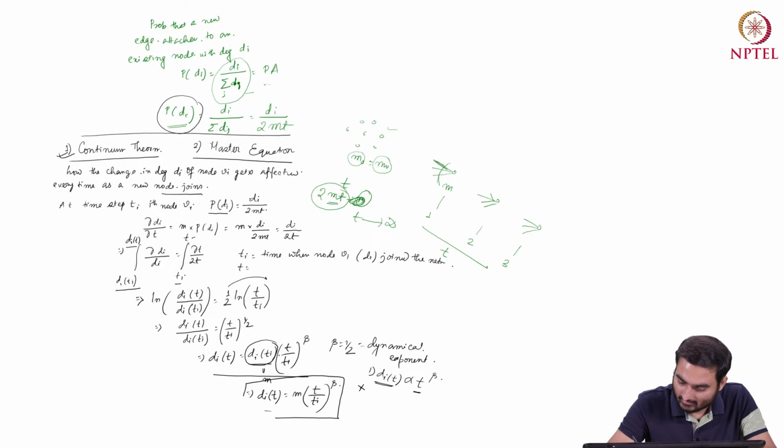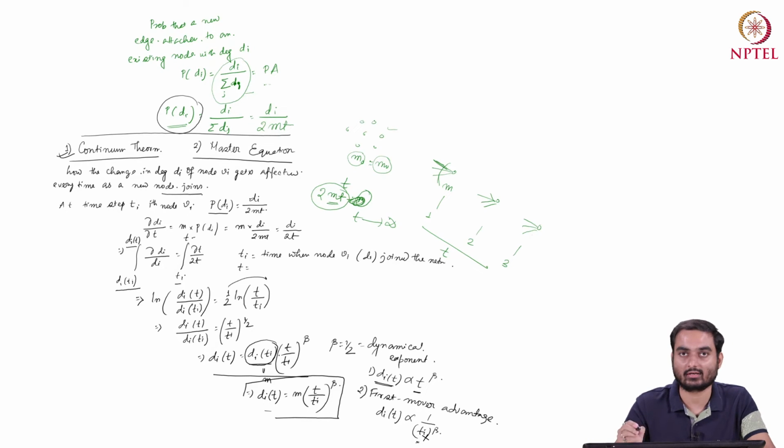Number two is called first mover advantage. What is first mover advantage? You see that d_i(t) is inversely proportional to t_i to the power beta. What is t_i? t_i is the joining time of node v_i. So if t_i is low, d_i(t) would be high.